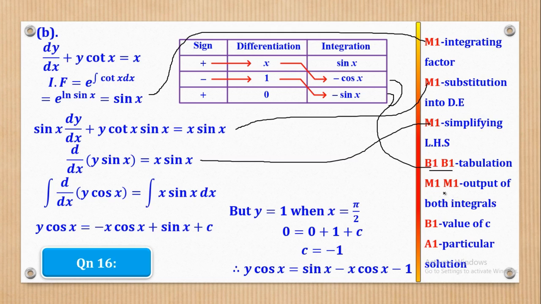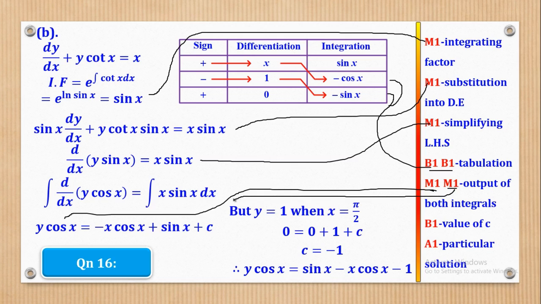Then these M1s, the first M1 is for this integral, output of that integral, and this one is when you use this table correctly to come up with this output. So the whole of this output, you get that 1 mark. Now this B1 is for getting this value of c using the initial conditions, and this one is for the particular solution. So basically that's how the 8 marks will come about.